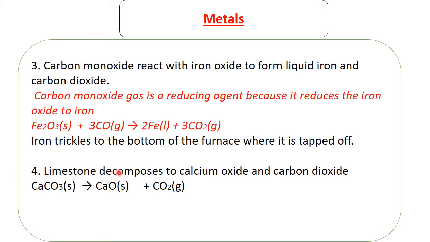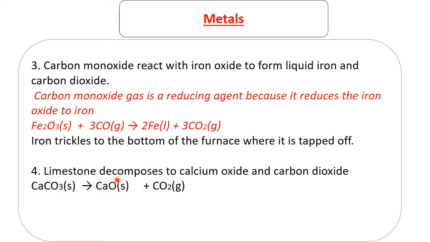Then the limestone now, which we haven't talked about, decomposes to form calcium oxide and carbon dioxide when the temperature is rising. So the calcium carbonate is decomposed to form calcium oxide and carbon dioxide. Remember what we talked about, thermal decomposition. We said for group 2 elements, when the carbonates are heated, they form oxide.